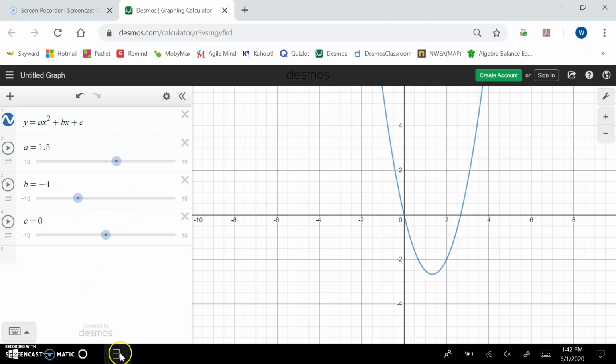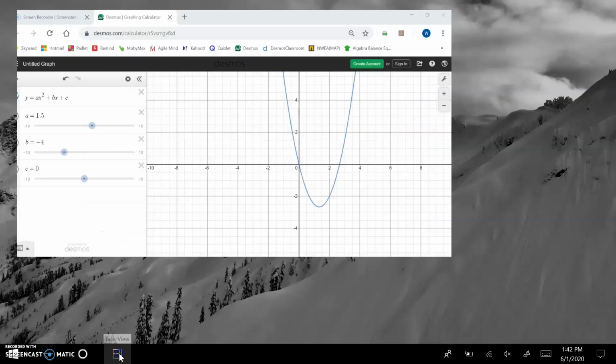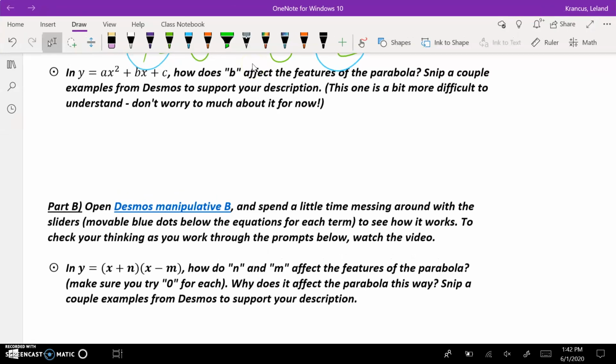So all we're going to take away from this for now, for this year, because we're in this remote learning mode, is just to say that if the b value is not 0, so it's greater than or less than 0, not just ax squared plus c, if you actually have a bx term, that indicates that the parabola is not centered on the y-axis.